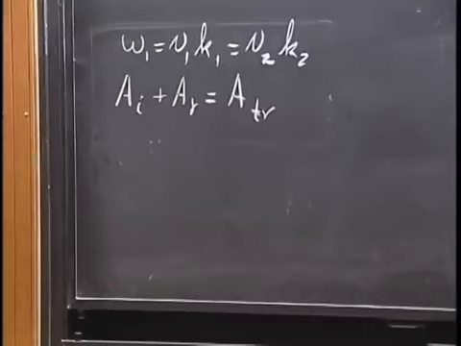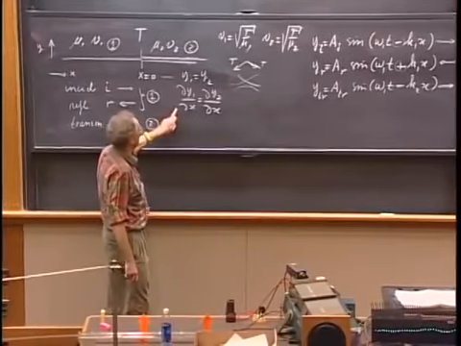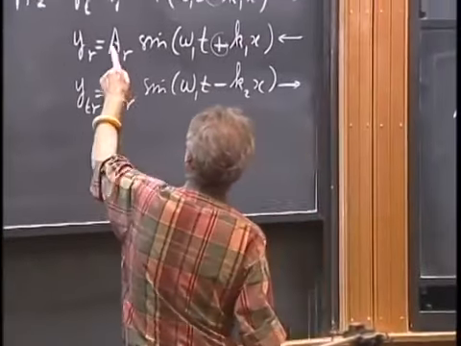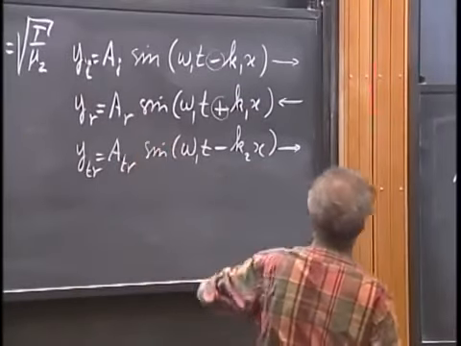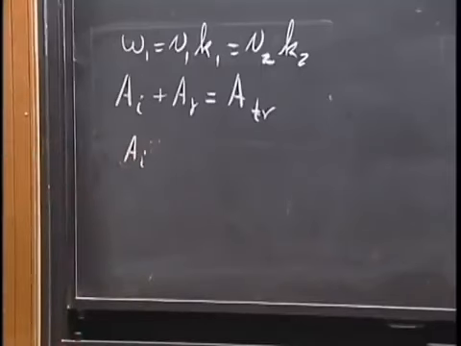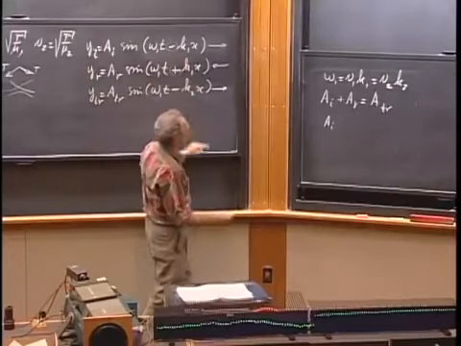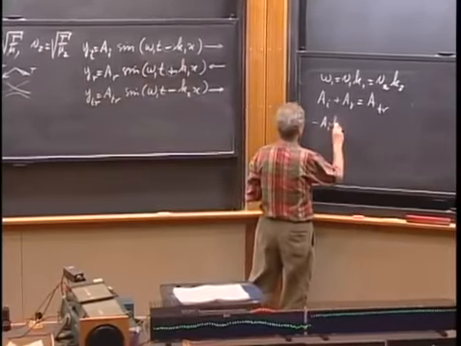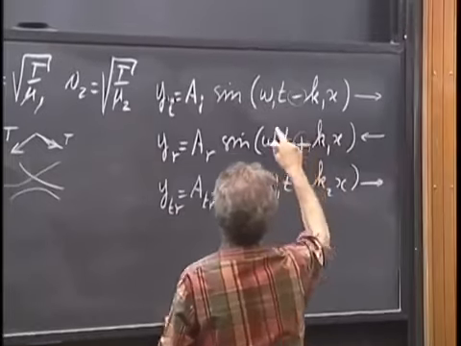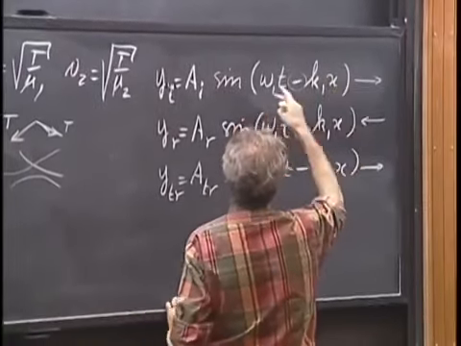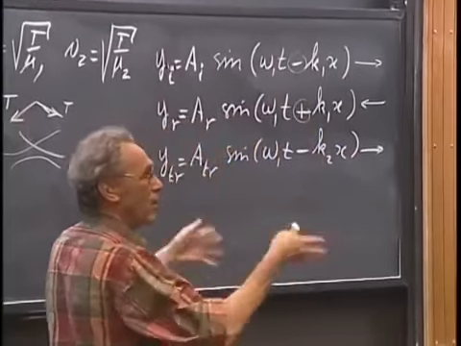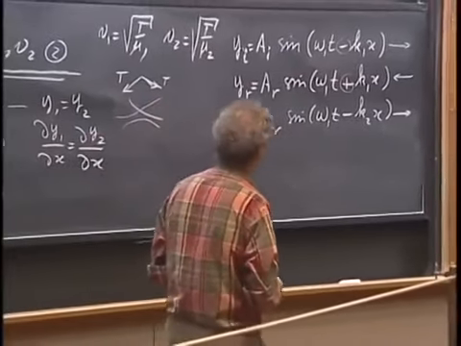I can now take the derivative of my function, dy1/dx. When I do that, the first one is going to be A_I, and the derivative with respect to x gives me a minus k1 here. And then I get a cosine of omega 1 t, because x was 0, remember. Each term will have a cosine omega 1 t, so I will dump all the cosine omega 1 t's.